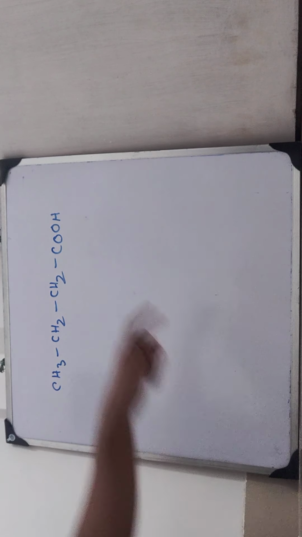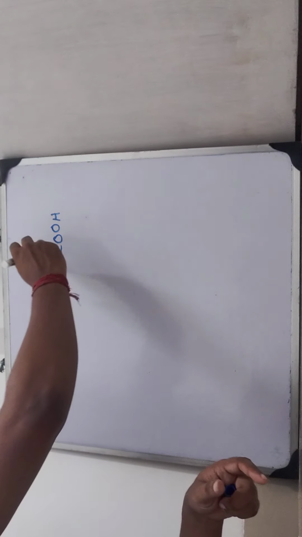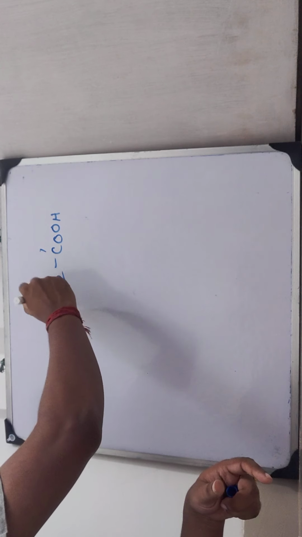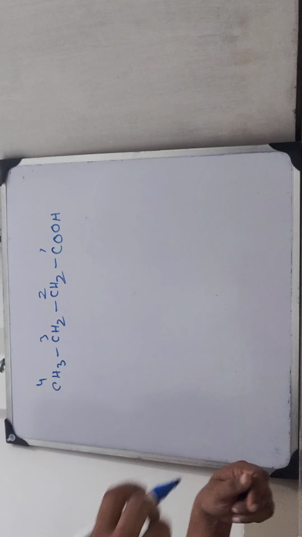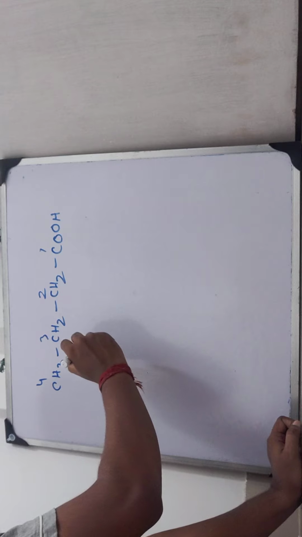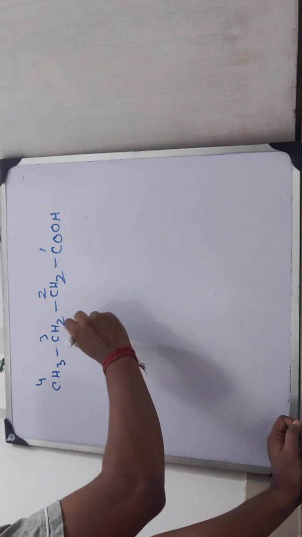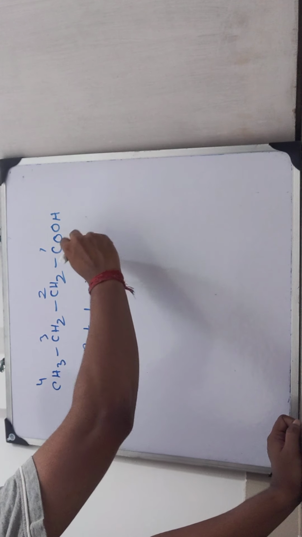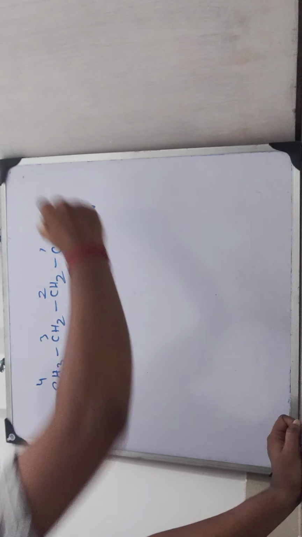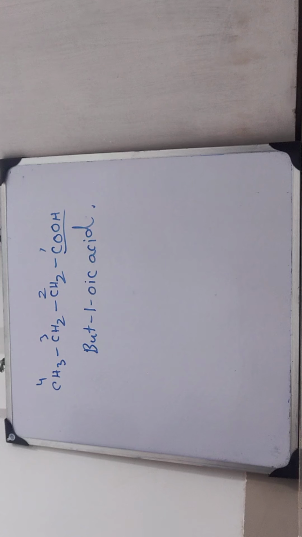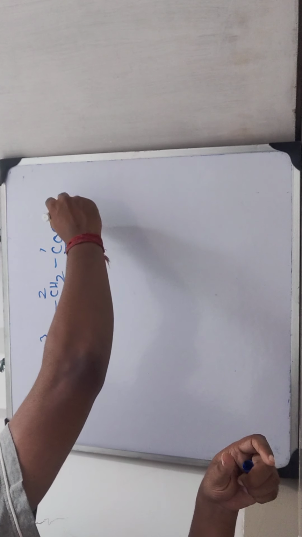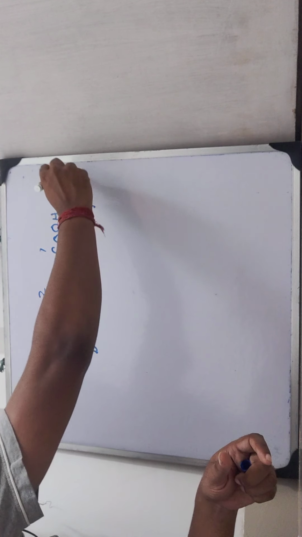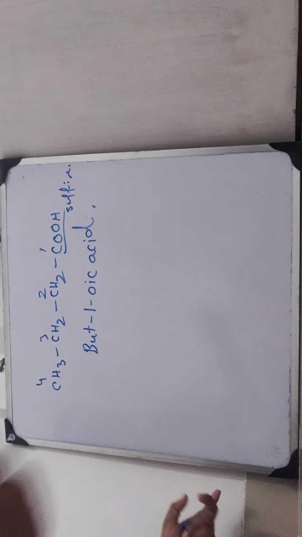This functional group carries a carbon, so numbering will start from that only: 1, 2, 3, 4. So what will be the name of it? Four carbons are there, so but, and at position one, oic acid is present: butanoic acid. When only one kind of functional group is present, only the suffix is used.